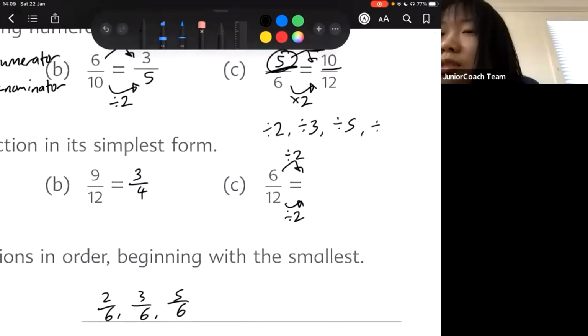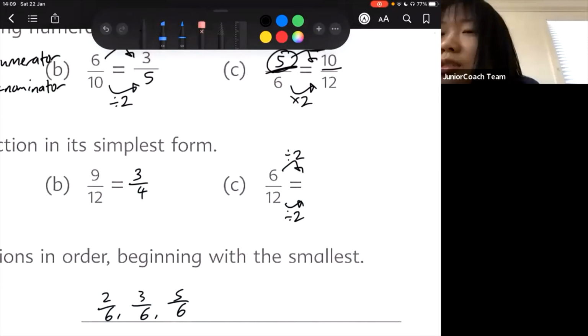I don't think you need to know dividing by 7 just yet, because these are the smallest prime numbers that you'll encounter. And prime numbers are numbers that can only be divided by themselves or 1. So always start with 2, 3, or 5.